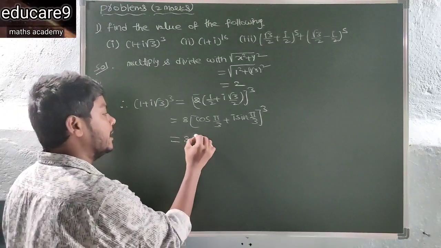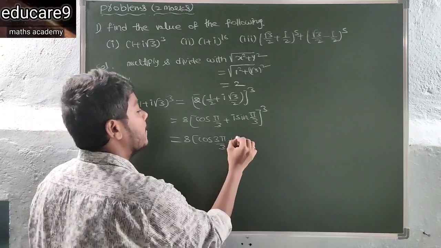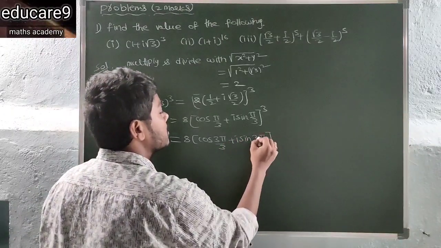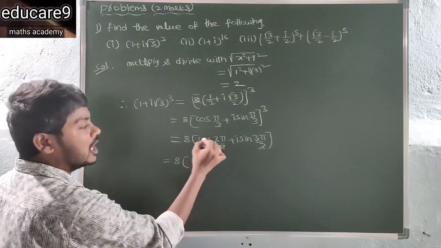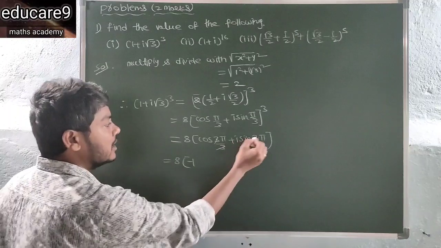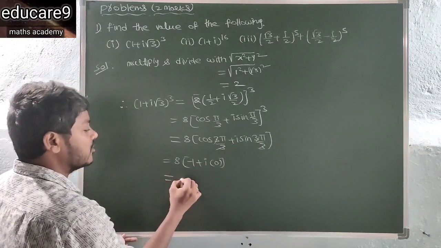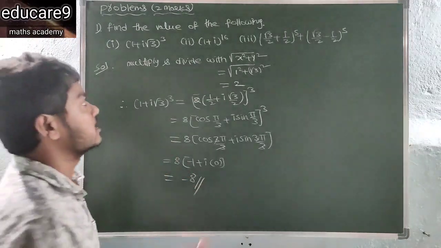That is 8 into (cos 3 pi by 3 plus i sin 3 pi by 3). So 3 gets cancelled. So you will get 8 into cos pi value minus 1 and sin pi value is 0, so i into 0. So clearly this value is minus 8. So this is the required answer.